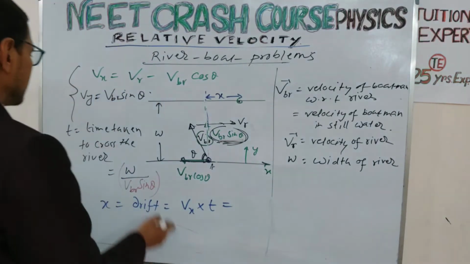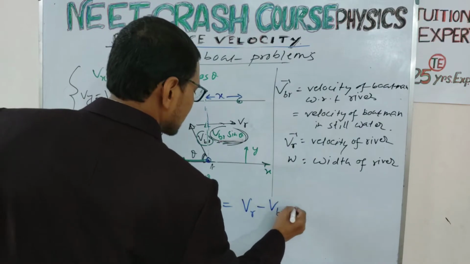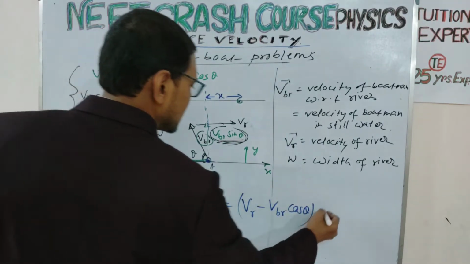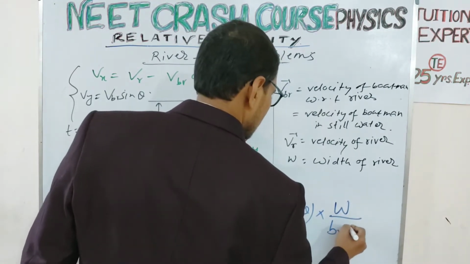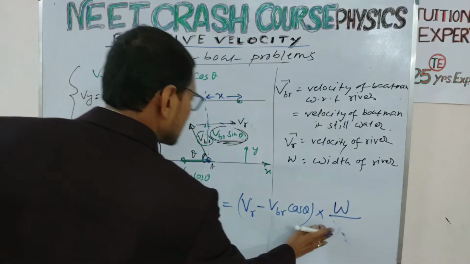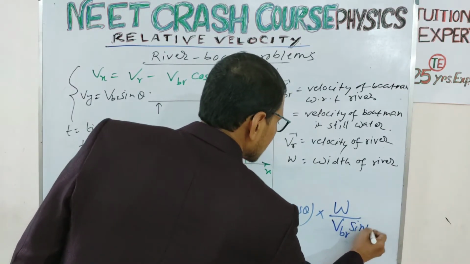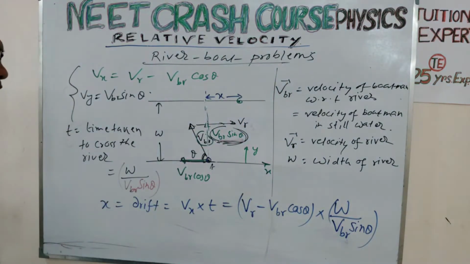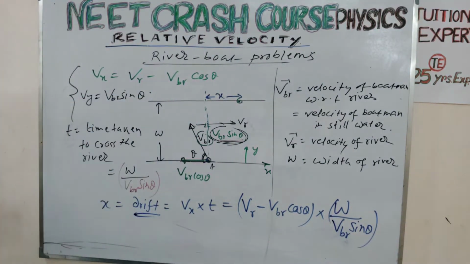So this is Vx into T. What is T? T is equal to this, W by VBR sin theta. So this is the general theory. We can find the drift and the time taken to cross the river.